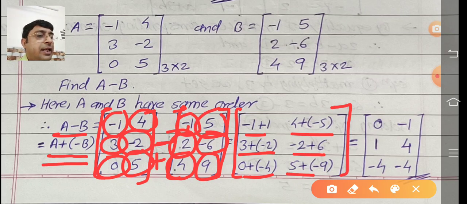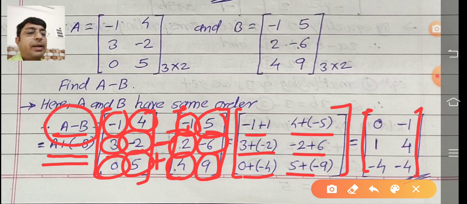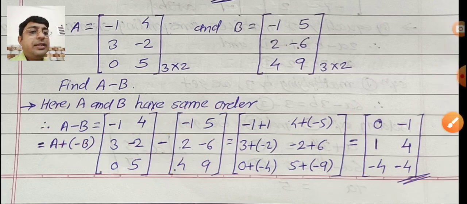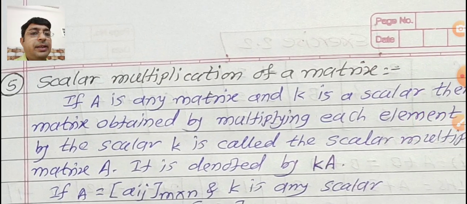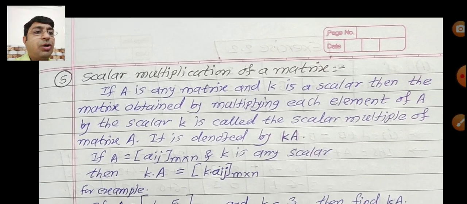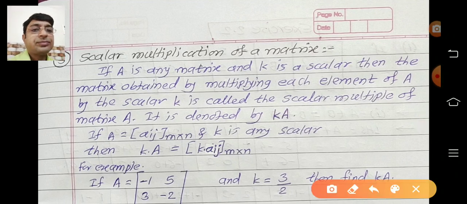As per the sign we calculate the answer. We are getting the answer of A minus B. In this way we make the addition or subtraction of two matrices. Next type is scalar multiplication of a matrix.